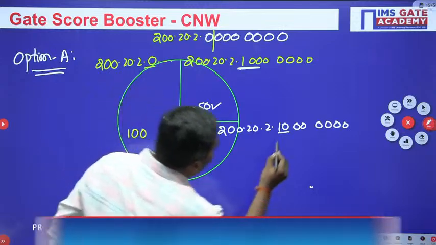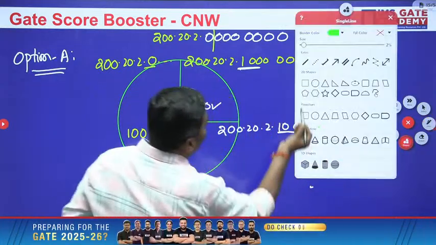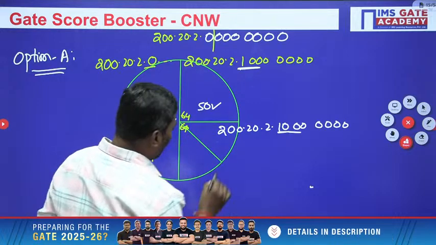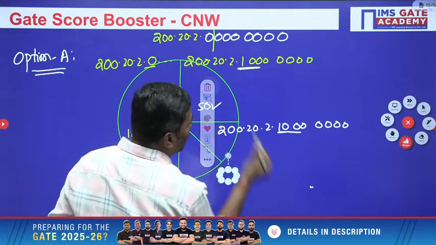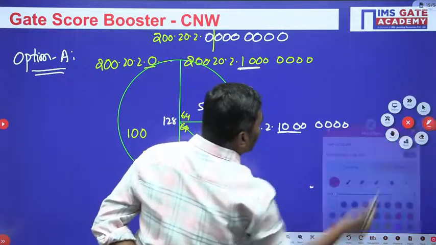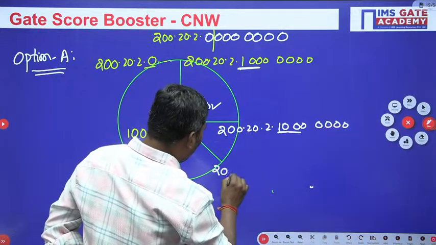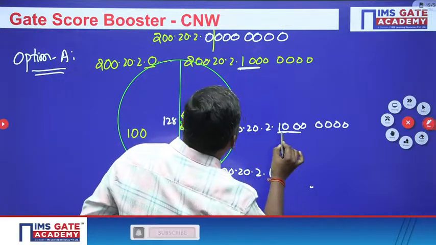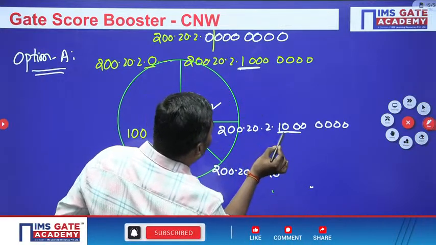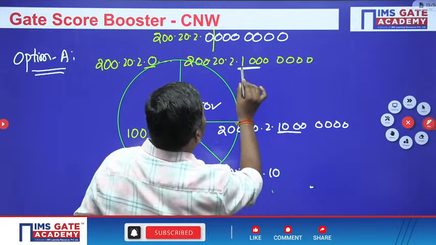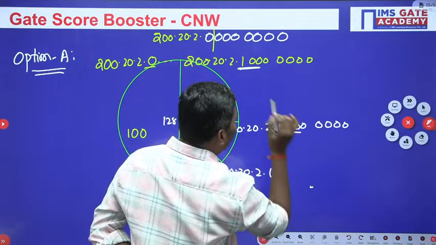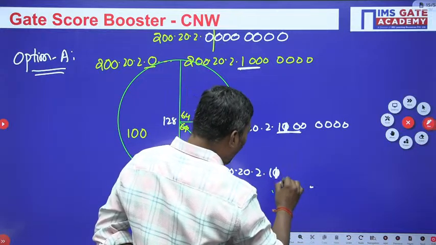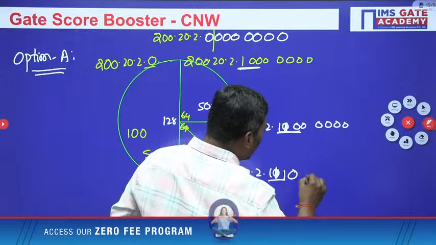What will I do? 3 bits I will borrow. Further I will do this division. Therefore this will start from 200.20.2.110, with 3 bits reserved, 00000 like this.